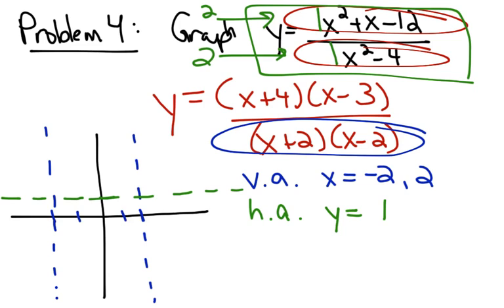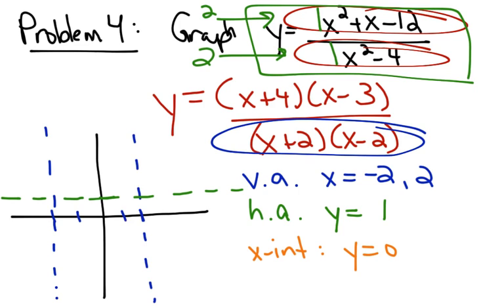Alright, what's going to happen is these rational functions, the vertical asymptotes, are going to tell me that the graph is in 3 different sections. And how I'm going to graph them kind of depends on some stuff like x-intercepts, y-intercepts. So now let's go and find the x-intercept. Remember, the x-intercept is where y equals 0.